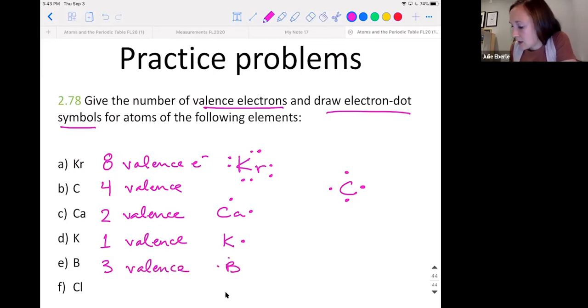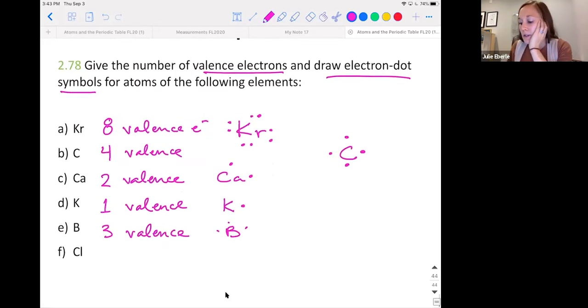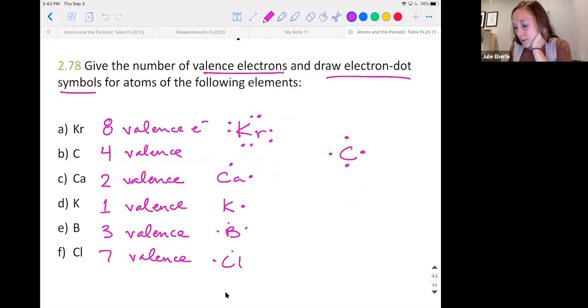And we'll do dot, dot, dot. Chlorine is a halogen, so that's main group 7. So 7 valence. So I'm going to put 1 dot on each side. There's 4, 5, 6, 7.